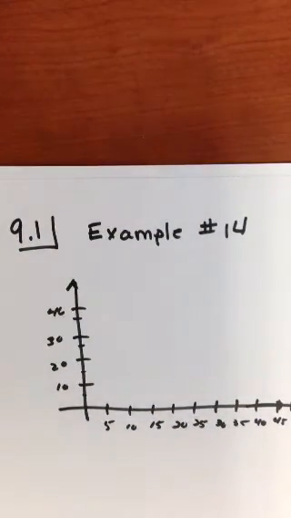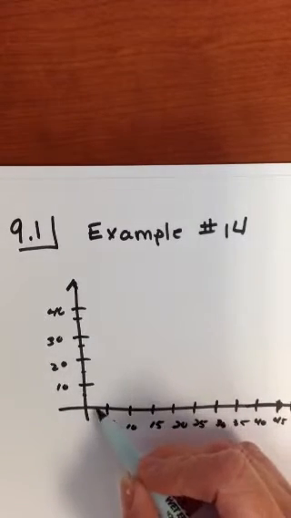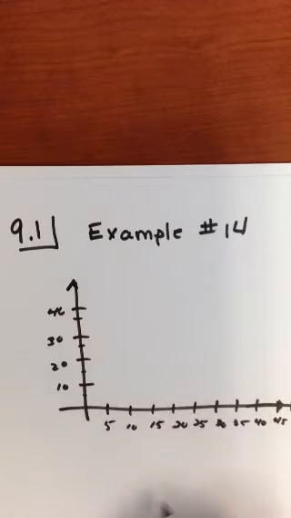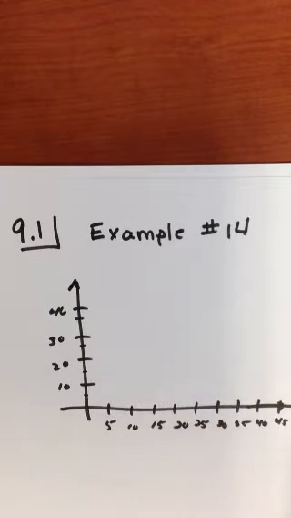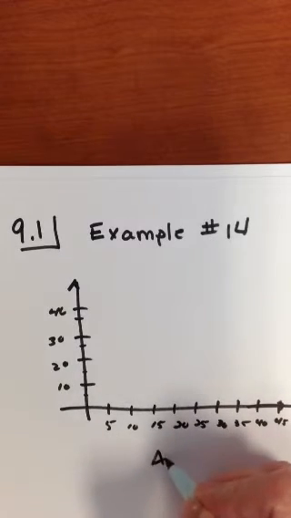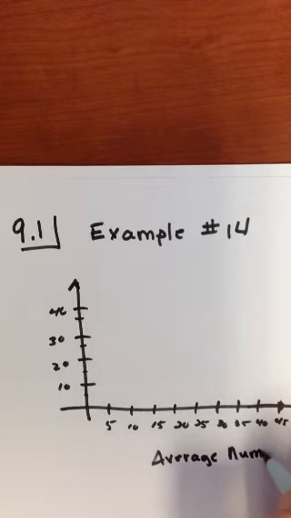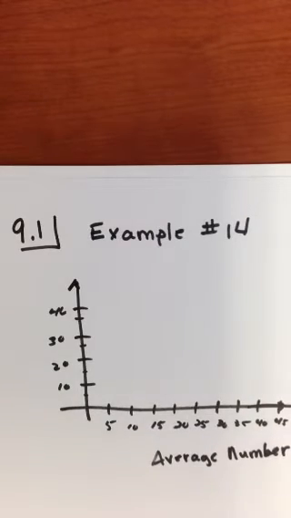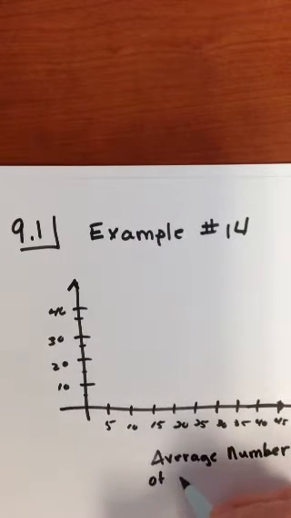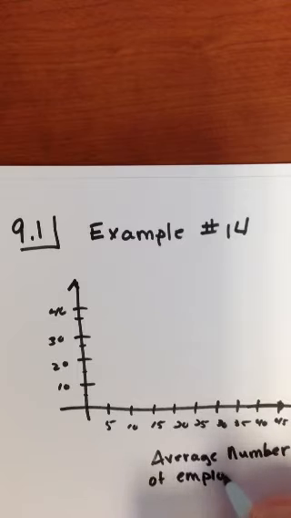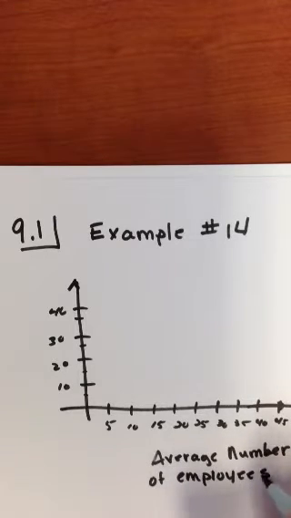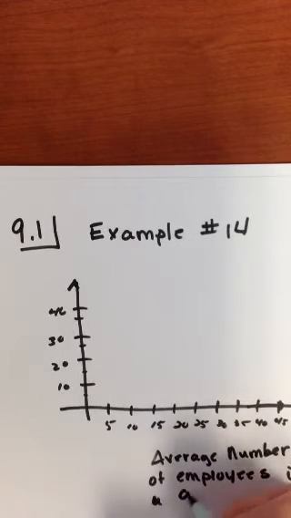All right, so when we look at the data on our graph, the first one was X is 3 and Y is 40. So we have our X scale here, and it told us that X was the average number of employees in a group health insurance plan.